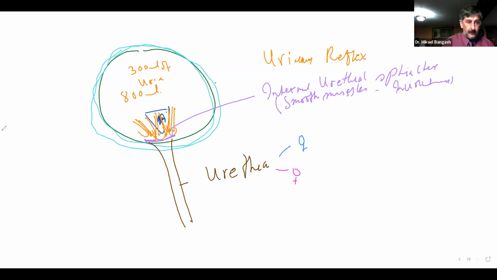Once the pressure here, from the contraction of the bladder as a result of a urinary reflex, gets too much, it's going to push the urine and this sphincter here will relax.